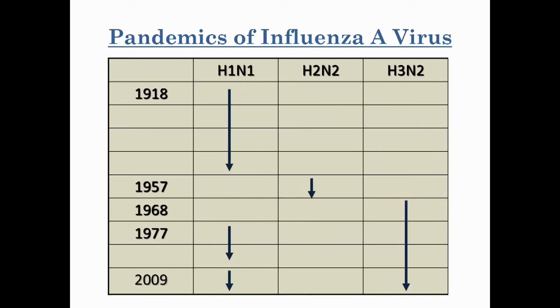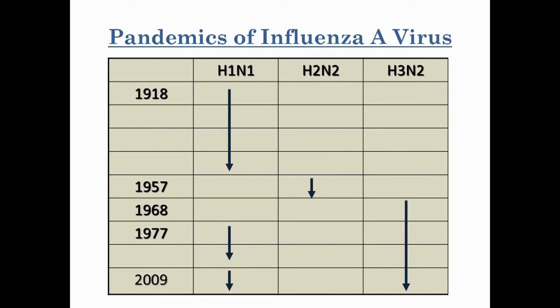Pandemics of influenza have been with us for as long as we know. The biggest pandemic of flu was the 1918 pandemic. I'm sure they occurred before that, but we don't really have records good enough to be able to document it. The 1918 pandemic flu killed about 6 million people worldwide. And that was when the H1N1 strain was introduced into the human population.